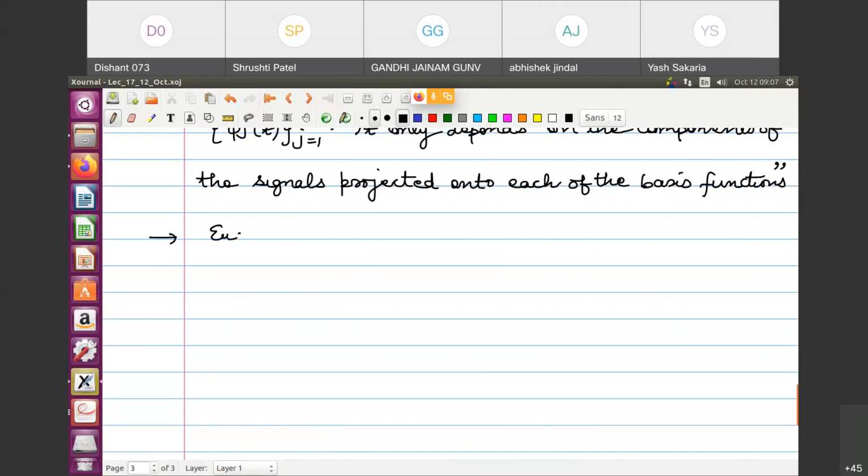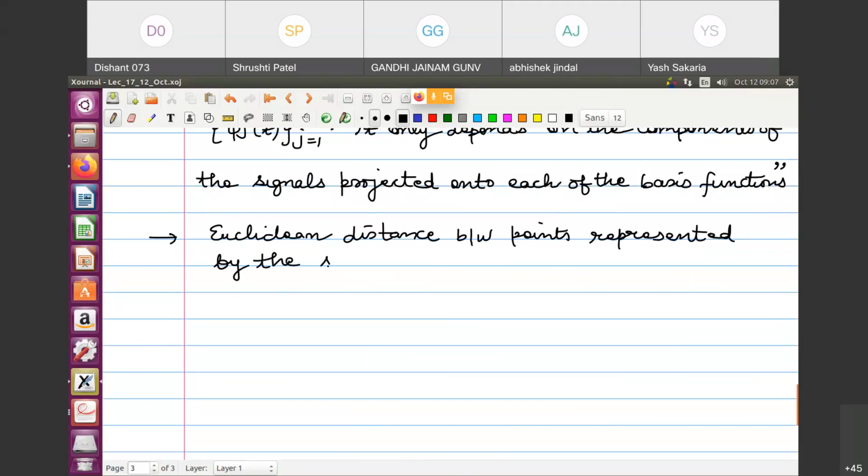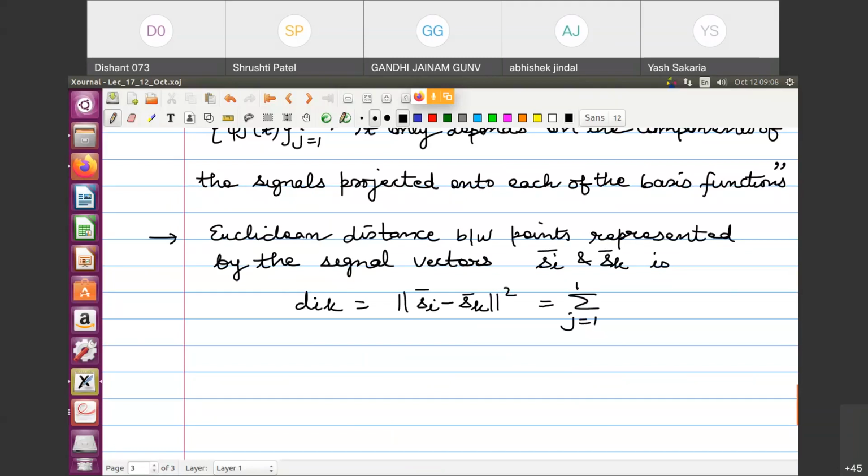The Euclidean distance between points represented by the signal vectors s_i bar and s_k bar is d_ik, equal to the norm of s_i minus s_k, squared, which is equal to the sum over N components.